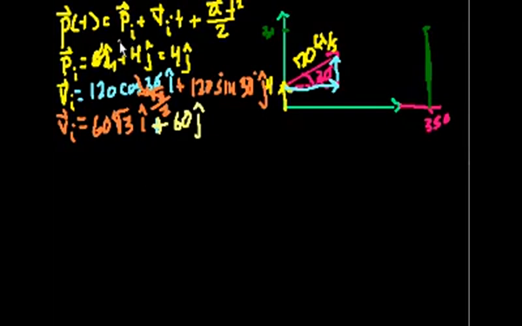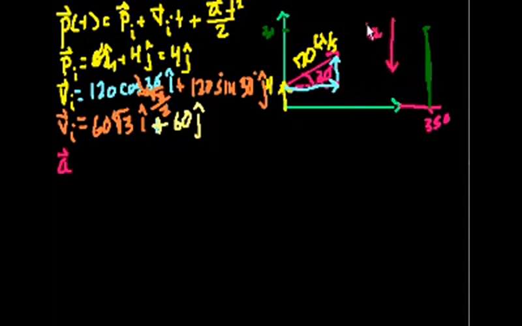Okay, so we figured out what the initial position vector is. We know what the initial velocity vector is. What's the acceleration vector? Well, what's the only force acting on this problem after we've hit the ball? The only force is gravity. And since we're dealing with the English system, how fast does anything accelerate on Earth with gravity? Well, the acceleration vector just pulls down, right?